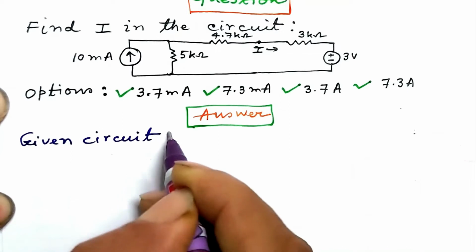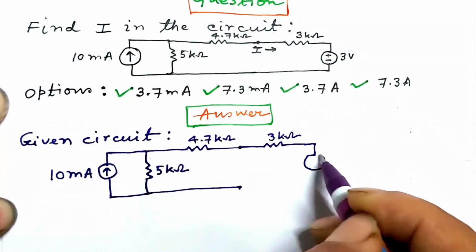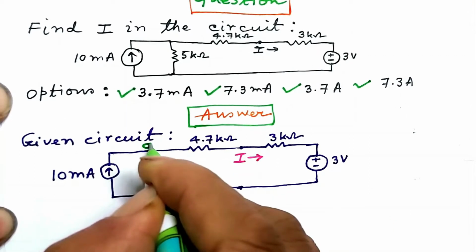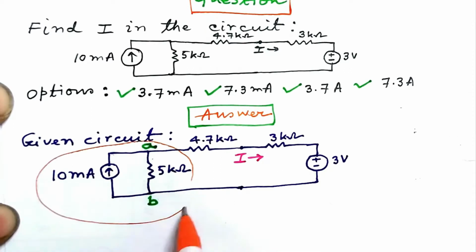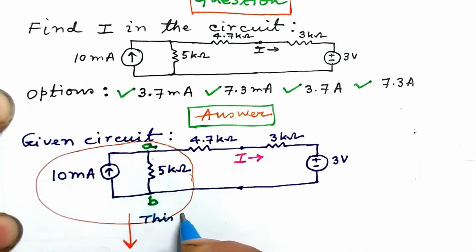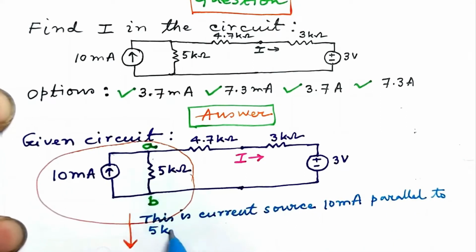Given circuit is, let us redraw it. Let us name these nodes A and B. Now we focus attention to this portion, which is a current source 10 milliampere in parallel to 5 kilo ohm.